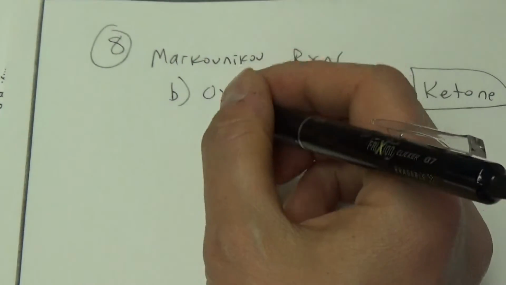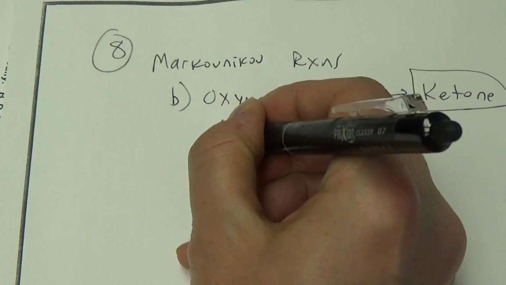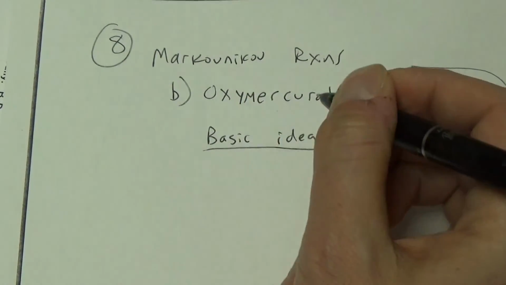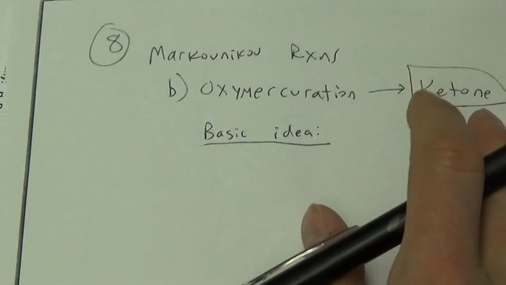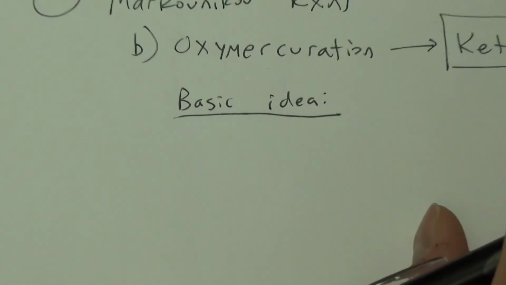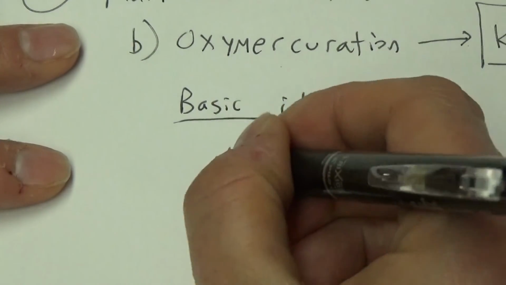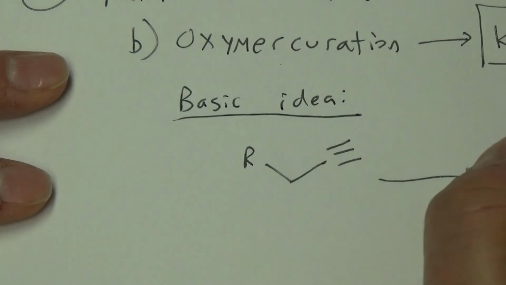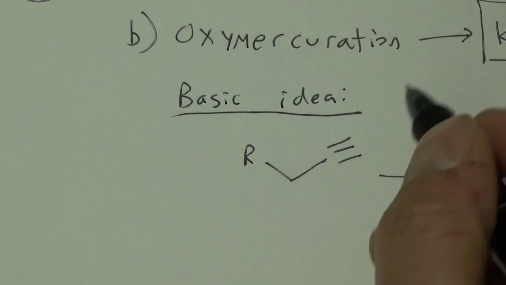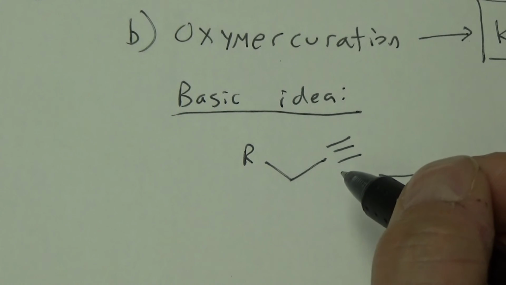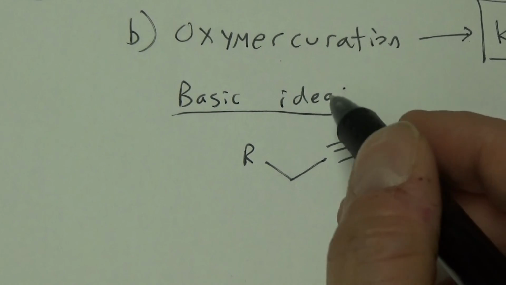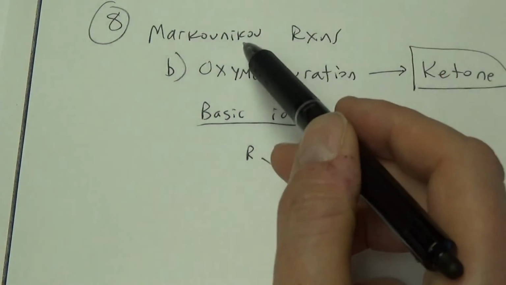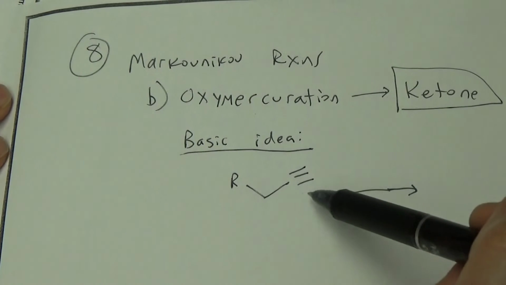So let's do the basic idea, and then we'll go through the mechanism. The basic idea is that if you have an alkyne, and we're using a terminal alkyne in this example, because you can really see the Markovnikov feature if you do a terminal alkyne.